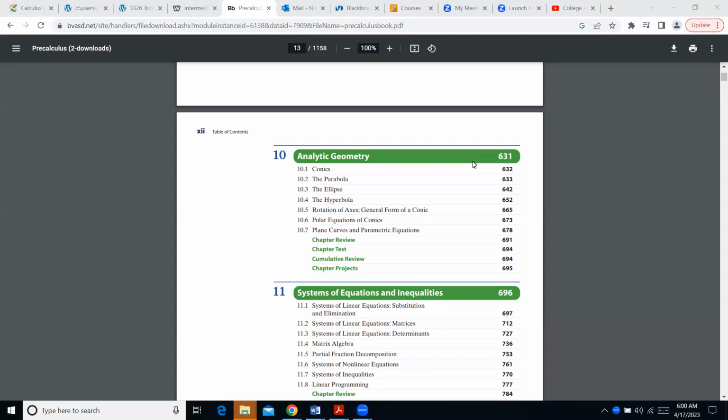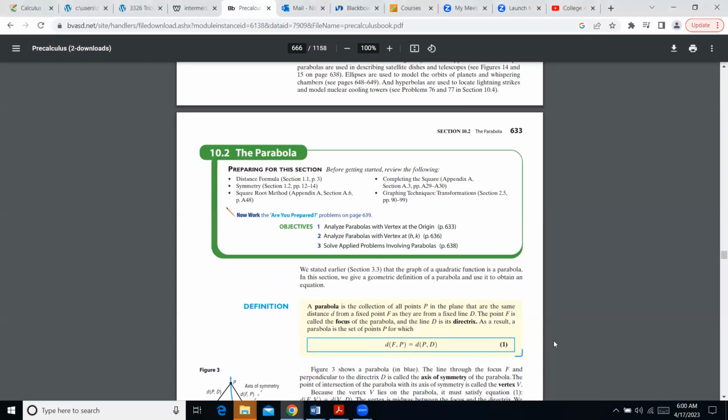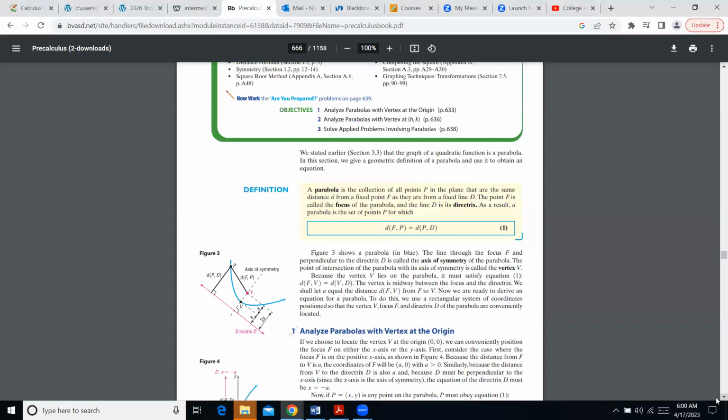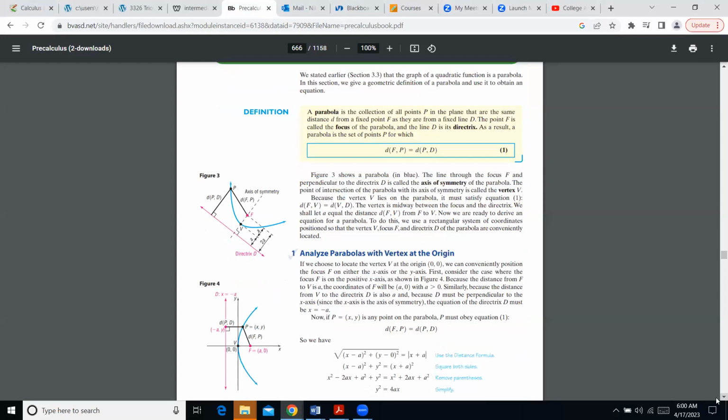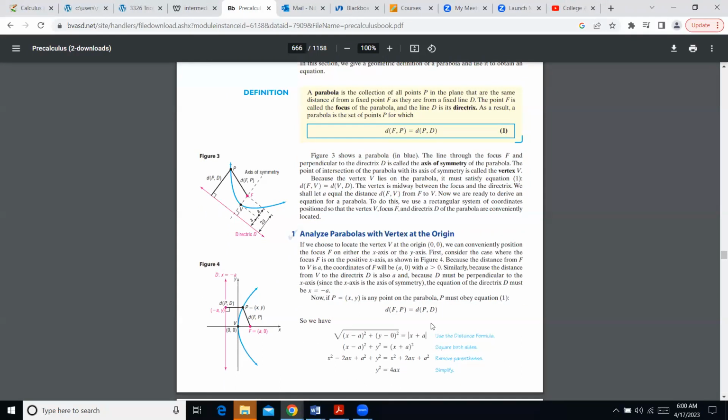So let's start with what we saw last time. It was section 10.2 that worked with parabolas. That's our old favorite story. And the little extra that they added to the story of parabolas was a special point called the focus, right?